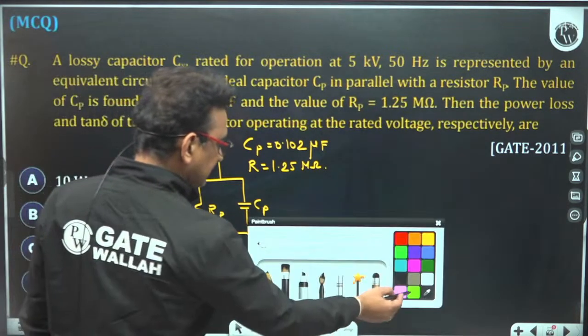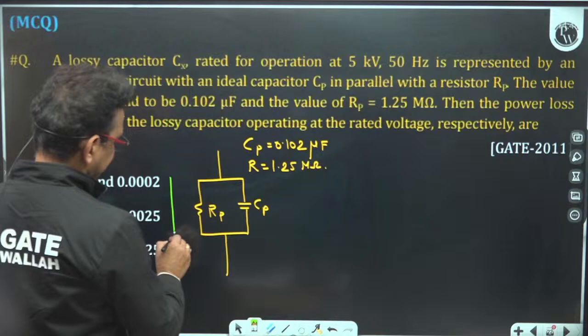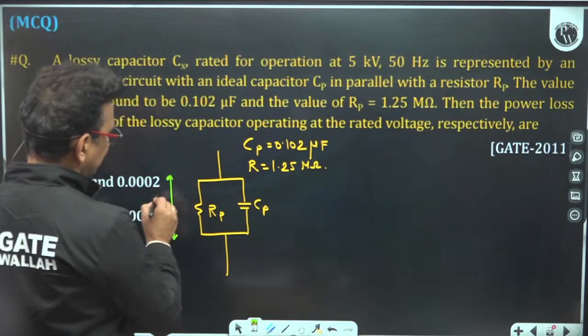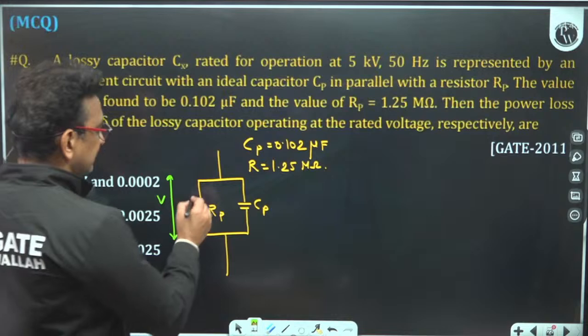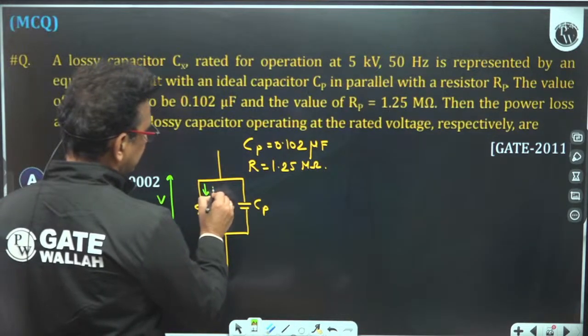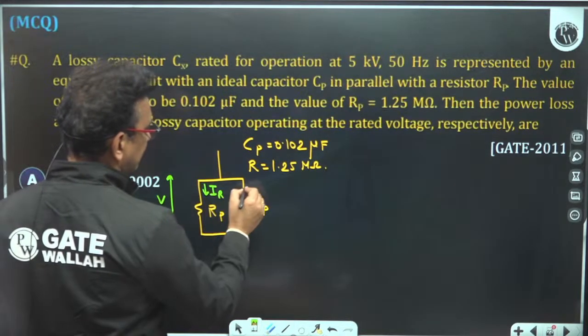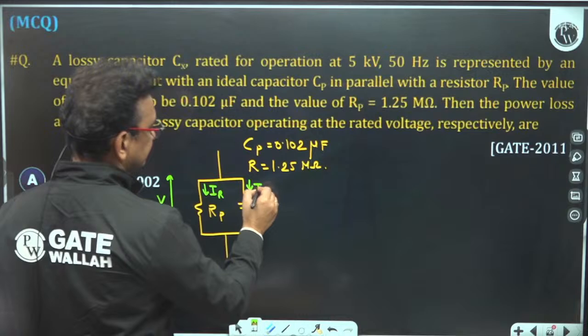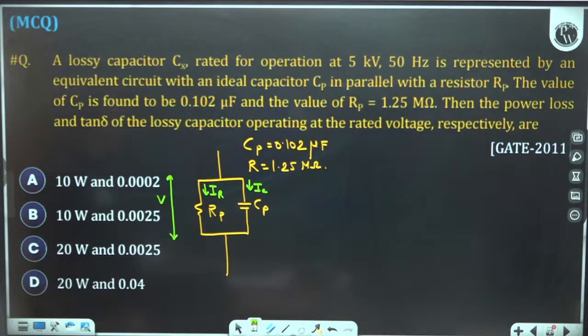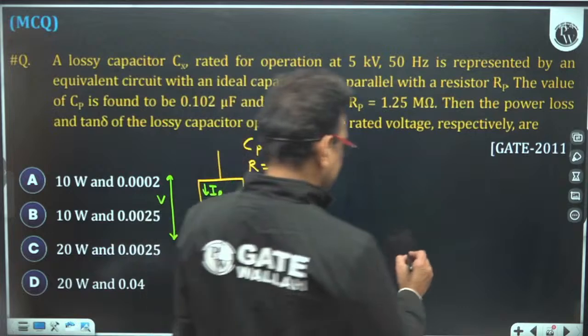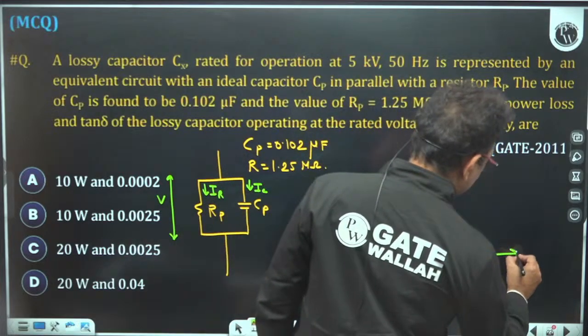See, both are connected in parallel, so the voltage across Rp and the Cp would be same. Suppose the current in the resistance is IR and the current through capacitor is IC. Suppose this is my voltage.